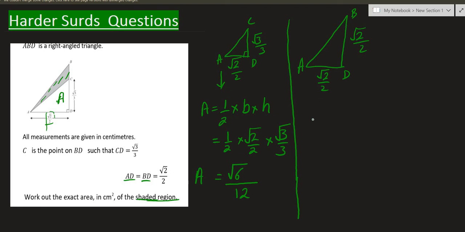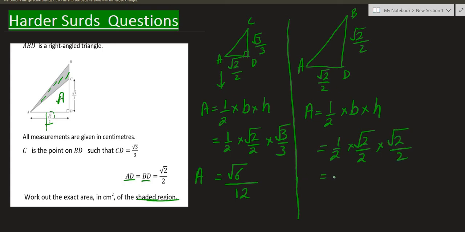Now to find the area of this shape, I'm going to write it down: A equals half times base times height. Just replace the values. Base we got 2 root 2, and height we got 2 root 2, the same.